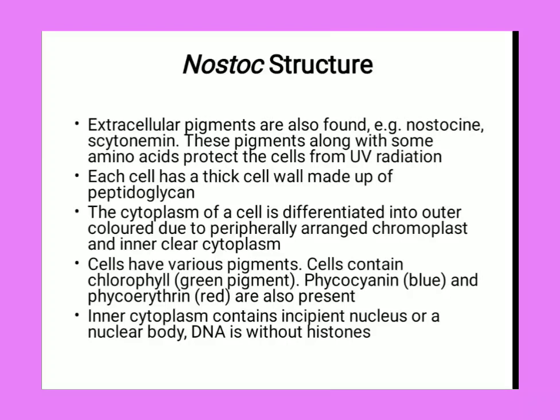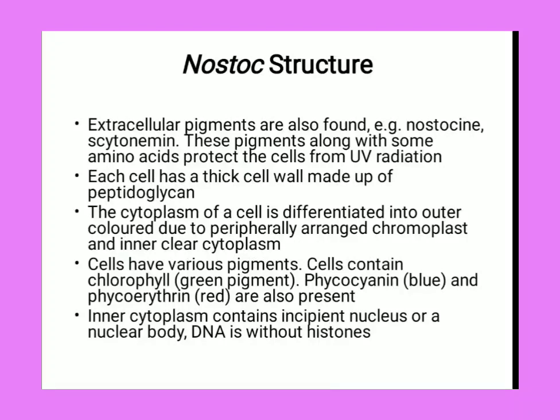Cells contain chlorophyll, which is a green color pigment. Phycocyanin is blue, and phycoerythrin, which is red, is also present, because this alga is a bluish green alga. So two types of pigment are present. Chlorophyll is a green color pigment, and phycocyanin is a blue color pigment.